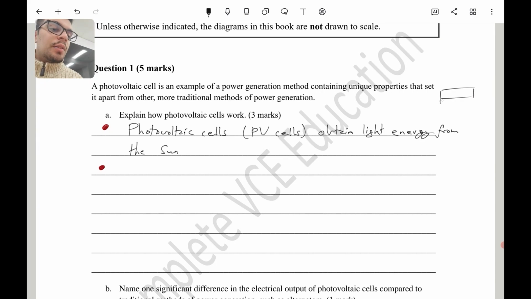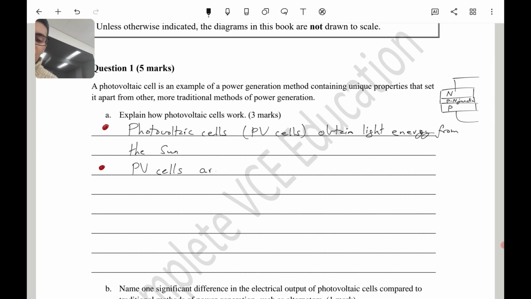A photovoltaic cell is composed of multiple different layers. We have the N-type, we have the P-type, and we have the P-N junction in our PV cells. Okay, so let's describe the different parts of our cells.